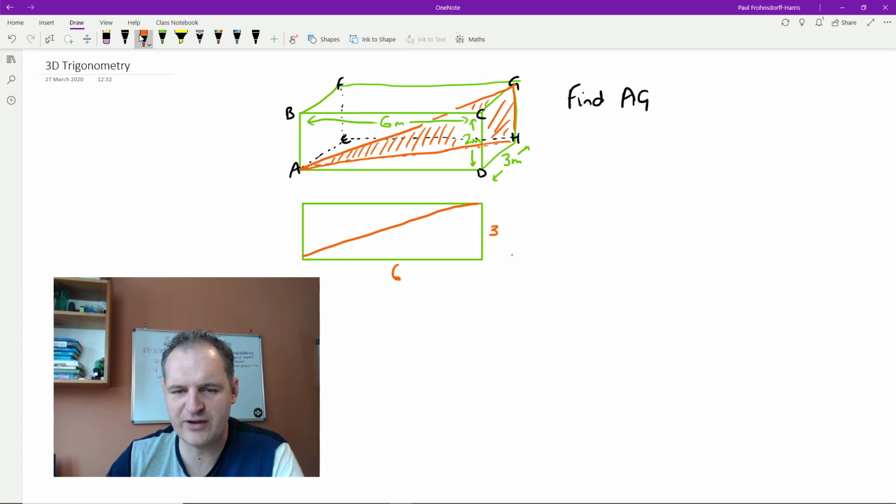So I'm going to write in here that this plane is going to be this distance along the bottom, because that's what it looks like top down, and it's going to be up the side, we know it's 2, and that's the side we want to find, AC. So we need to find x first, but we've got the ability to do that because we've got that x squared by Pythagoras is 3 squared plus 6 squared.